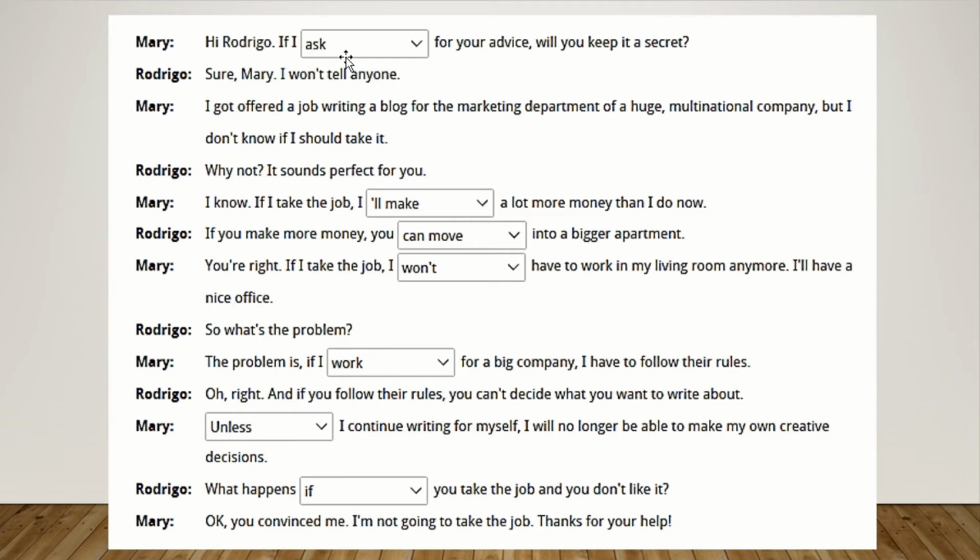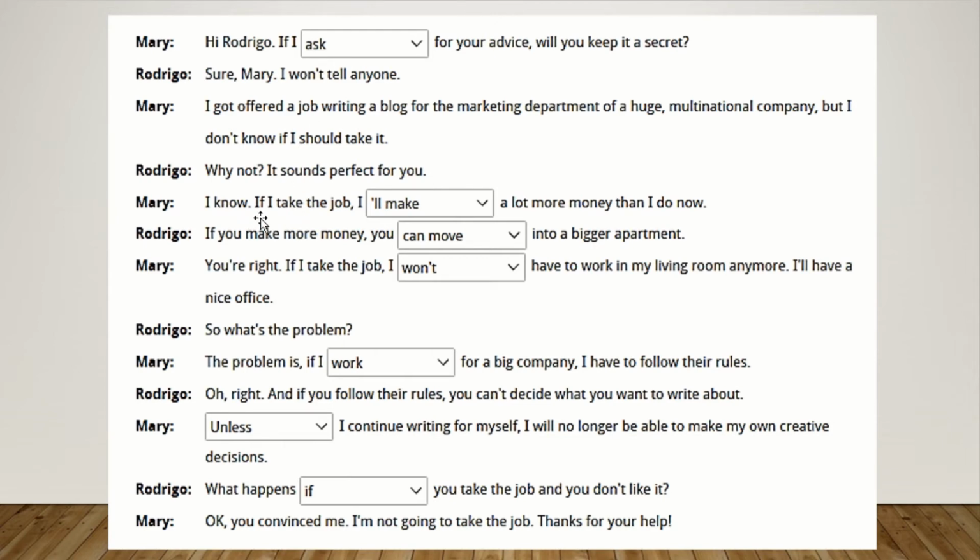Your other options were "will ask" or "had asked": no future in the if, and no past perfect, not yet, right? In this type of structure, the if is used with simple present when your result is future. So be careful with that, guys. Remember the structure. If your result is in future, your if or your condition will be written in simple present.